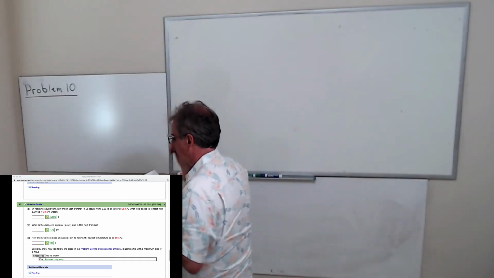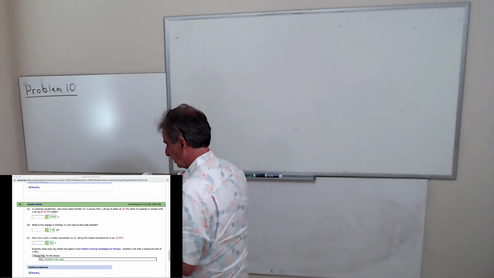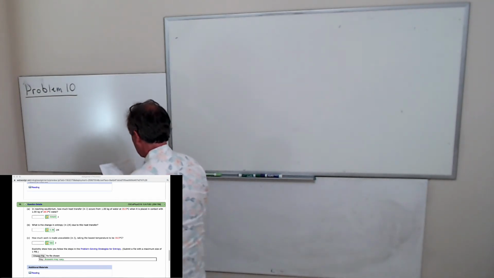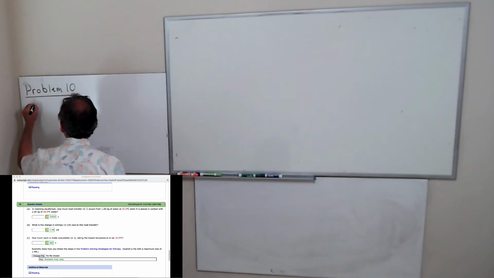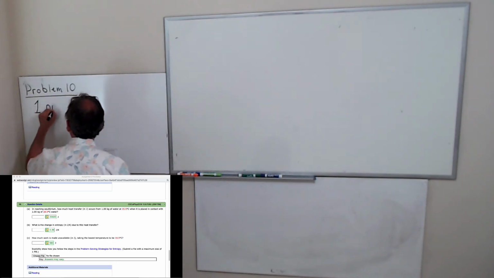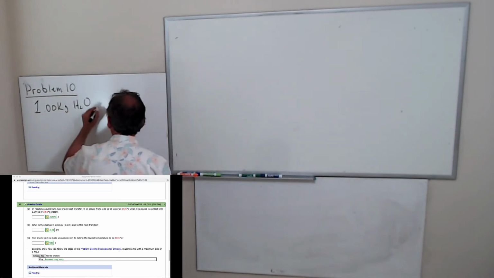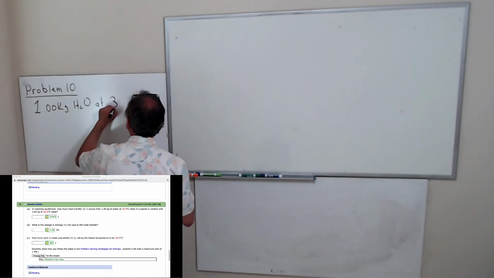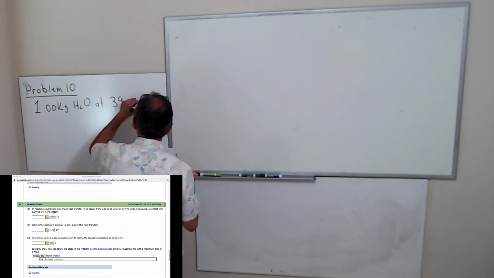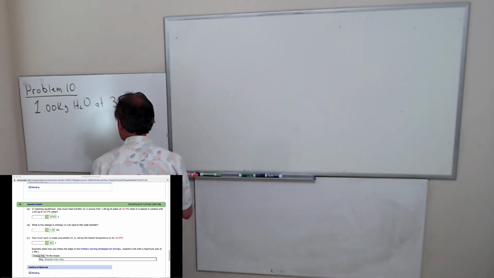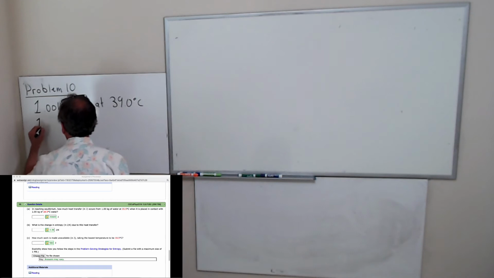So in reaching equilibrium, how much heat transfer occurs from 1 kilogram of water? So I have 1 kilogram of water. And again, I'm using my values. And it's placed in contact with another kilogram of water.